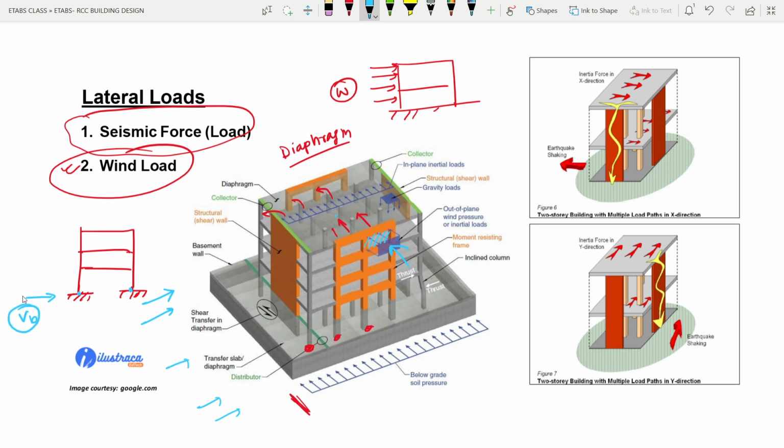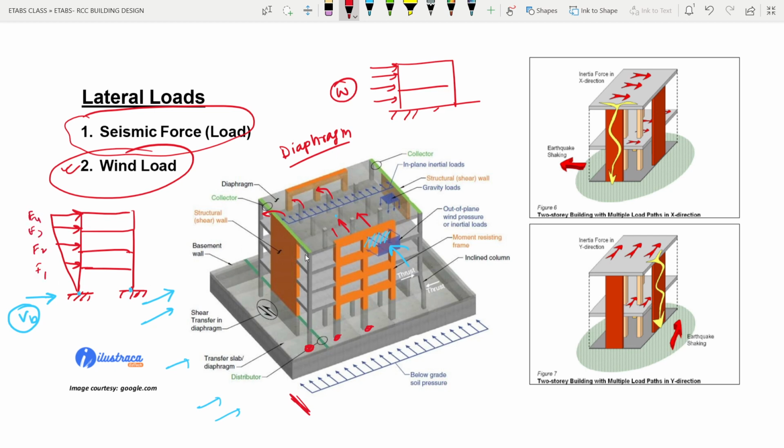This base reaction we distribute to all the floors in this structure. Let me add some more floors. We distribute it like this to all the floor levels. Suppose this VB will be distributed to F1, F2, F3, F4.